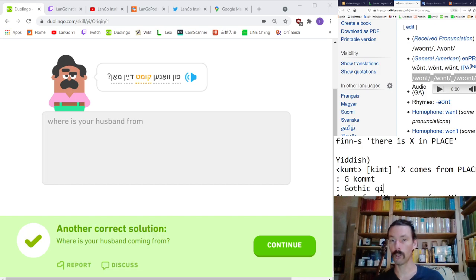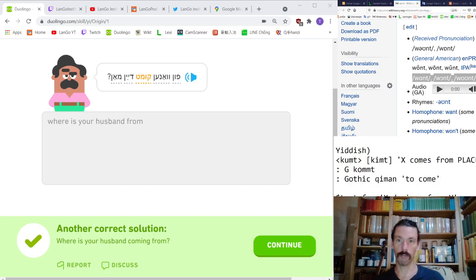The Q stands for qu, we think, a single consonant. Quiman, to come. So it was originally an e or i vowel here, and the labiovelar just colored it to a back vowel in most daughter languages. And further beyond, we have Latin venio, and Greek baino from the same root.